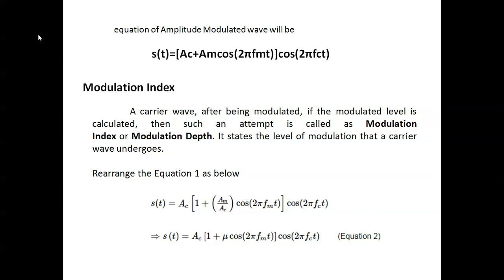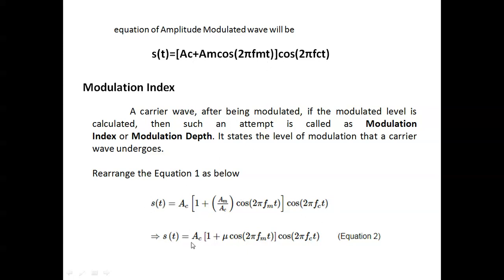You know that's the final output equation of AM. Take Ac out from the s of t equation. From this equation, Ac is taken outside, so we get 1 plus Am divided by Ac cos 2 pi fm t, times cos 2 pi fc t.